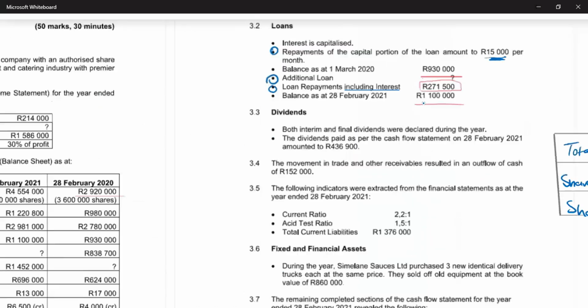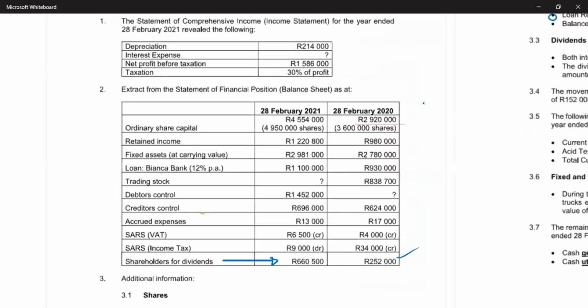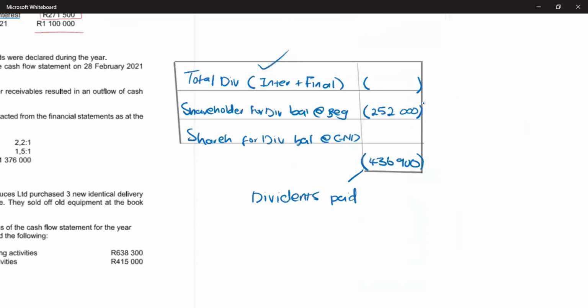And I'm also given my balance at the end, which is 660,500. And when it comes to calculating dividends paid as well as taxation paid, 99% of the time, those two questions are always going to be there whenever your cash flow statement is examined, right? So make sure that you're comfortable with regards to calculating those two amounts.